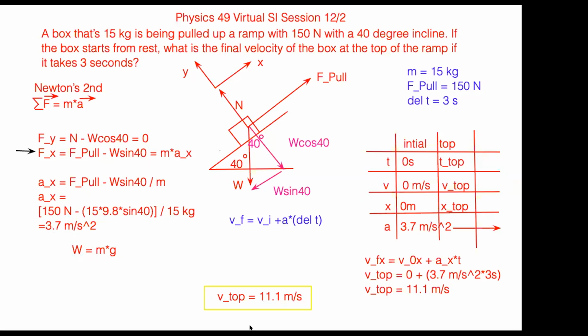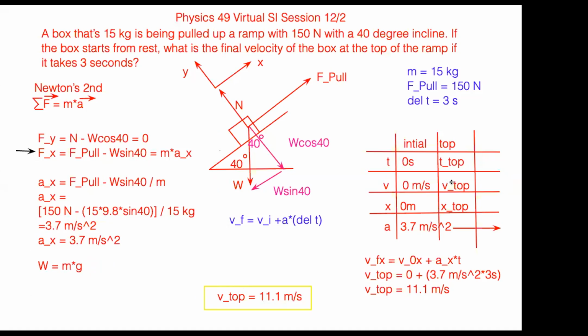Let me write that acceleration out more clearly: 3.7 meters per second squared. And after we found acceleration, we created a chart like we do with our kinematic equations. And we realized that within this chart, the box starts from rest, so it's 0.